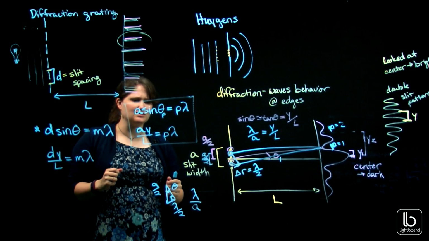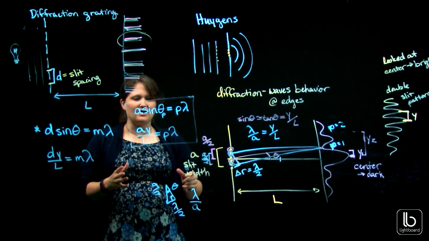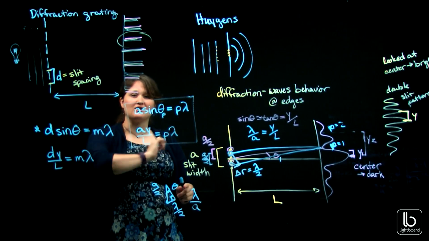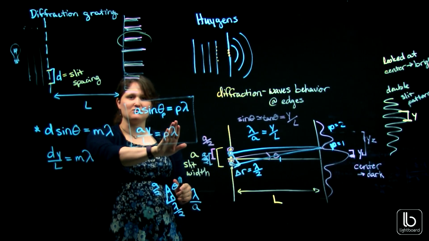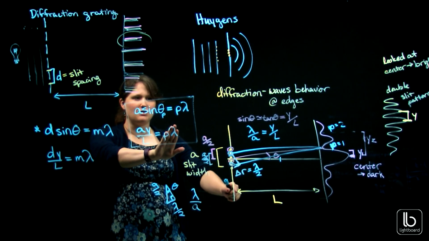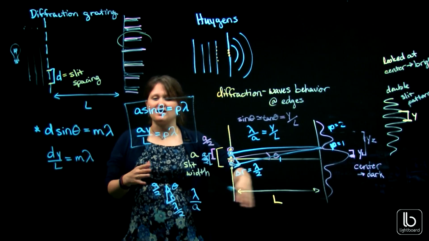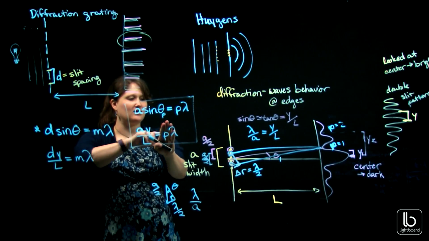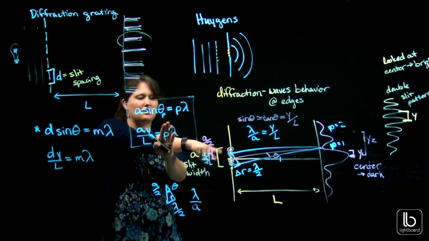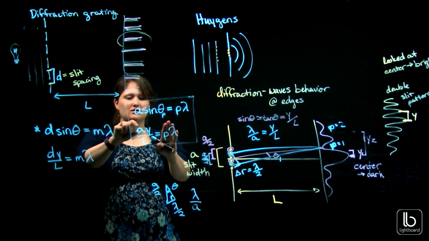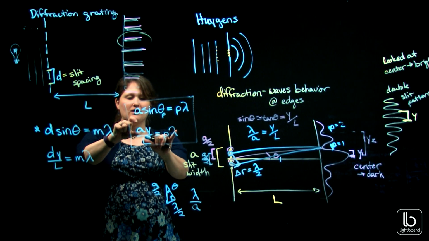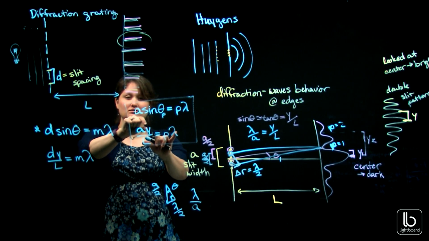Okay, that's one case. Again, if I keep my wavelength set, so I'm just using one color, and I keep my length set, and I increase the width of my slit, I'm keeping these two things the same, so I have to compensate by decreasing my spacing here.